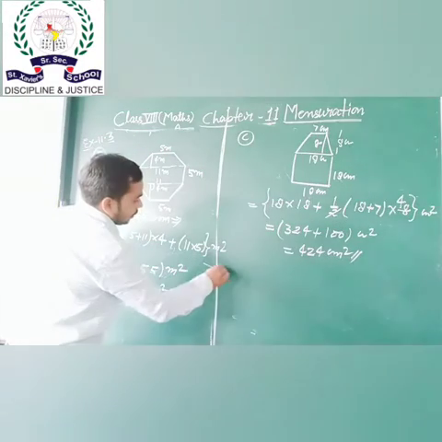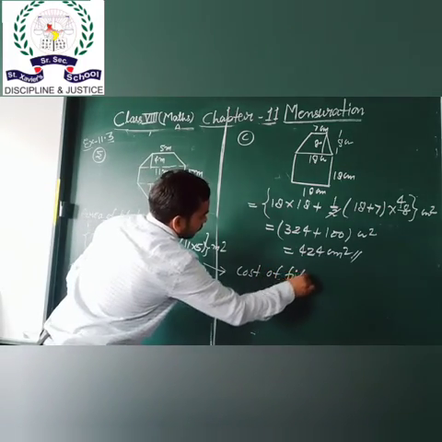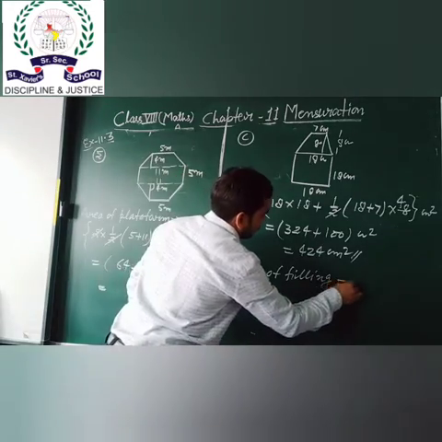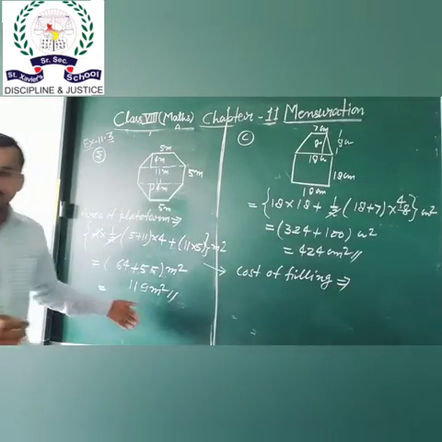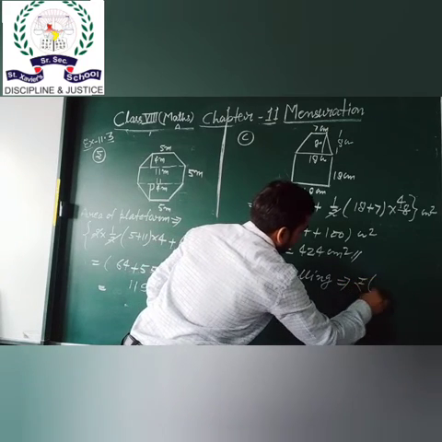Then find the cost of filling at the rate of 25 rupees per meter square. So the area equals 119, so we have to multiply by 25.